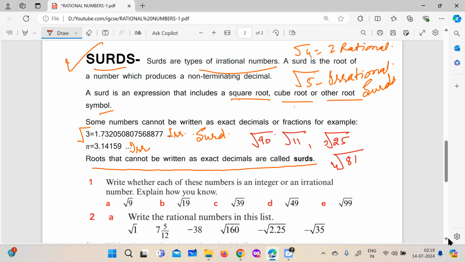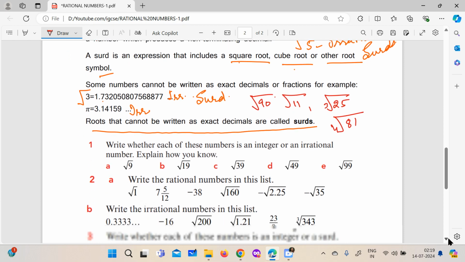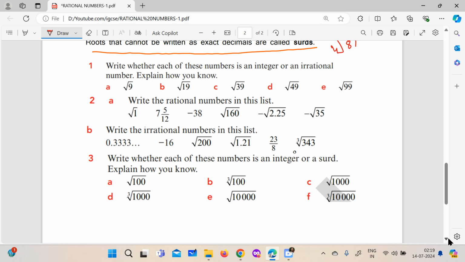Now let's see a few questions based on rational numbers, irrational numbers, and surds. Write whether each of these numbers is an integer or an irrational number. Explain how you know.